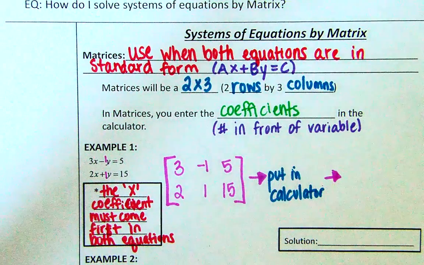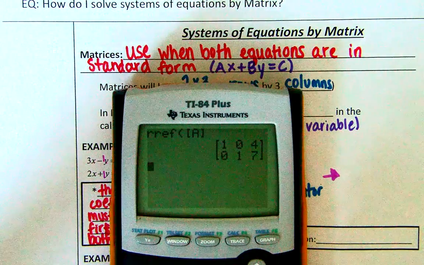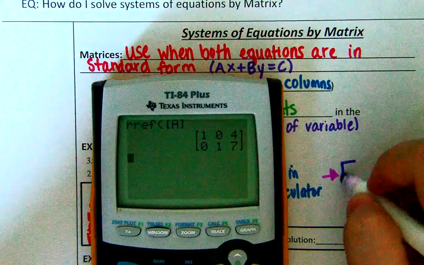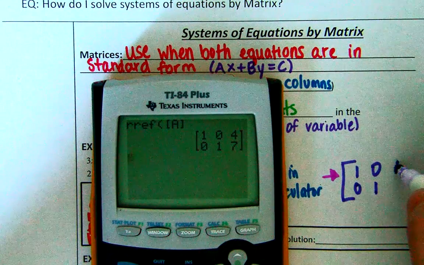Now I'm just going to do it and show you what I get. Okay, so when I put it in the calculator, this is what I got. So we're going to write that down. 1001 and then 47.